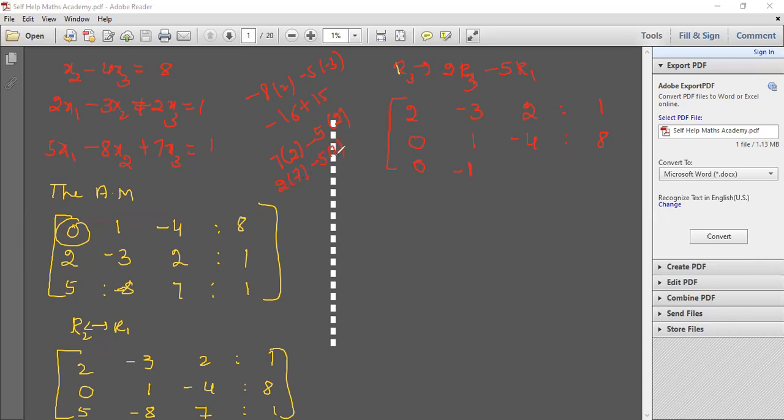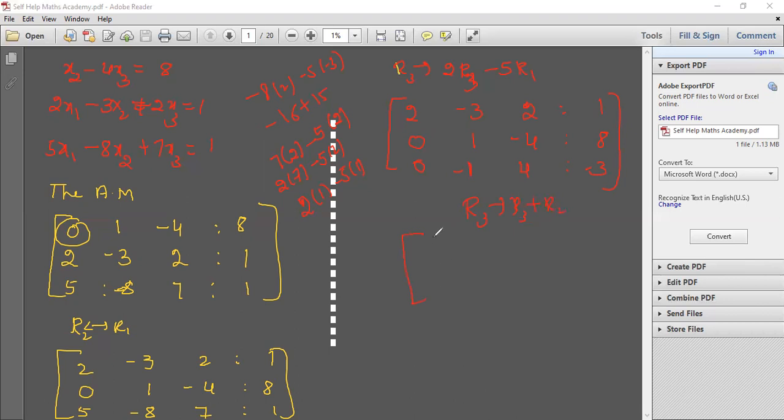So 14 minus 10, that is 4. And here you have 2 times 1 minus 5 times 1, which gives 2 minus 5, that is minus 3. Clearly, with the help of this second row, I'll do R3 changes to R3 plus R2.